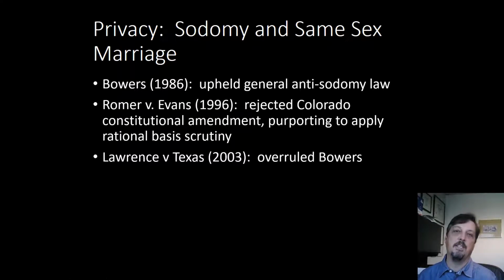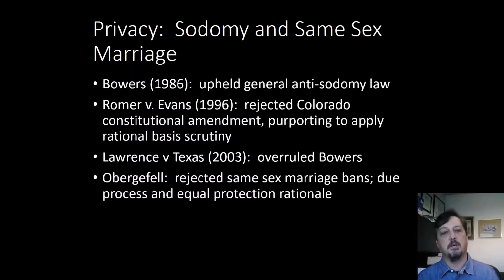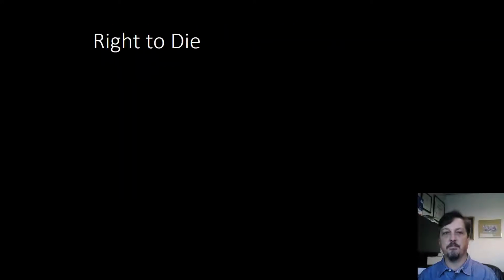Then Lawrence v. Texas in 2003 overruled Bowers. And then we talked about the Obergefell case, which rejected state bans on same-sex marriage and applied both a kind of hybrid due process and equal protection rationale. We talked a little bit about that in the in-class review session.